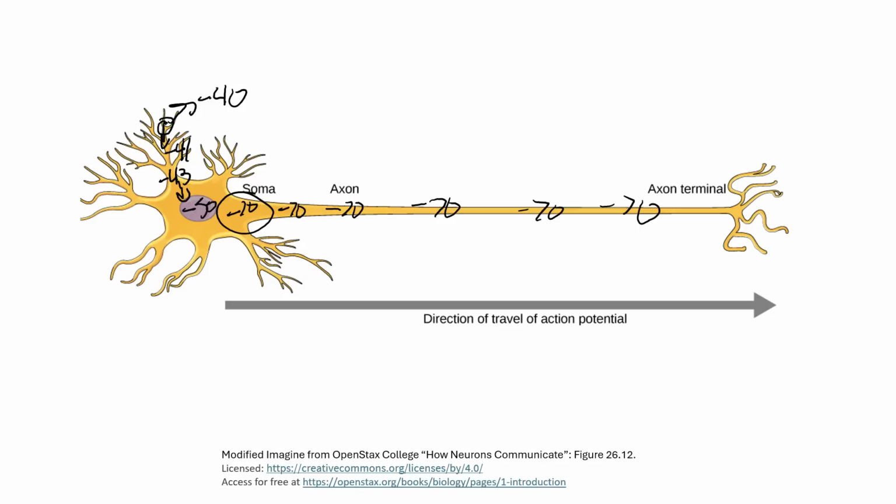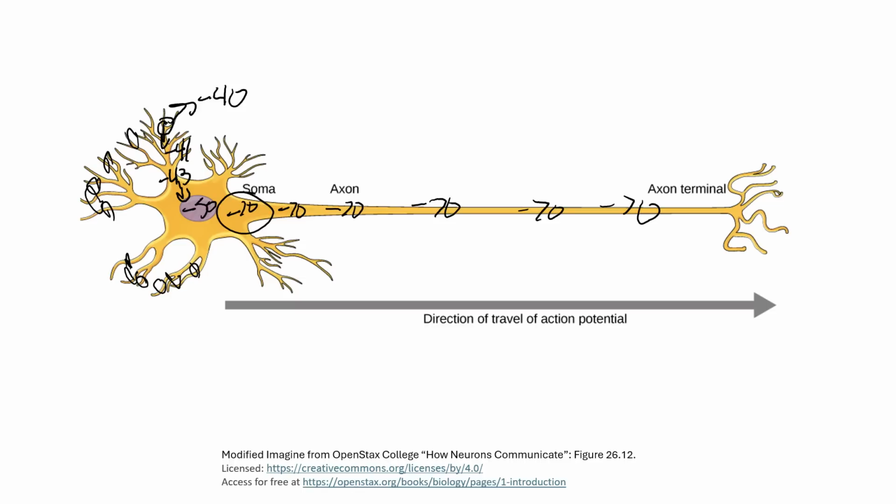And those neurotransmitters, since we're talking about excitatory neurotransmitters, are going to open up ligand-gated channels on thousands of different regions of these different dendrites. What I'm saying is there would be synapses that exist between presynaptic axon terminal buttons and postsynaptic dendrites in thousands of different locations.